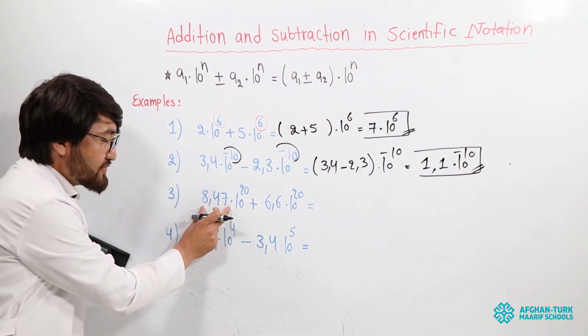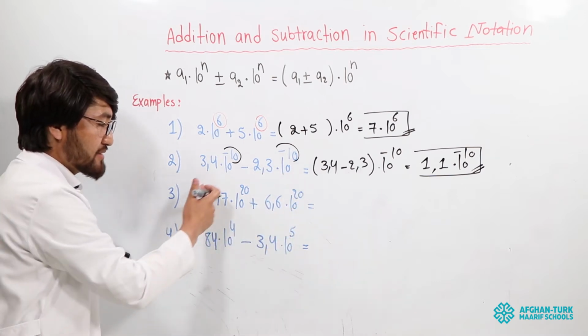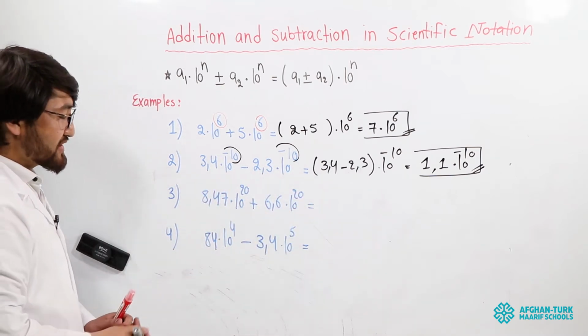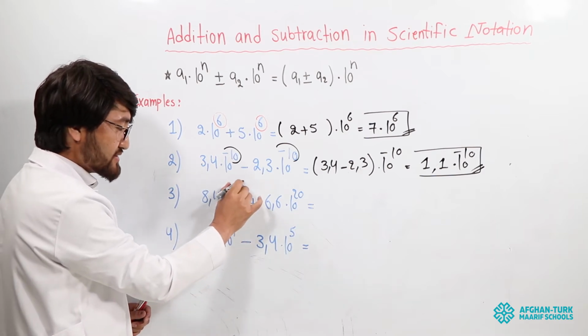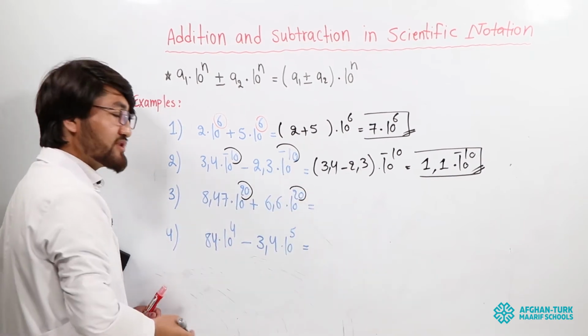Example number 3. Here we also have two scientific numbers. How do we add them? First of all, you see the exponents are the same.